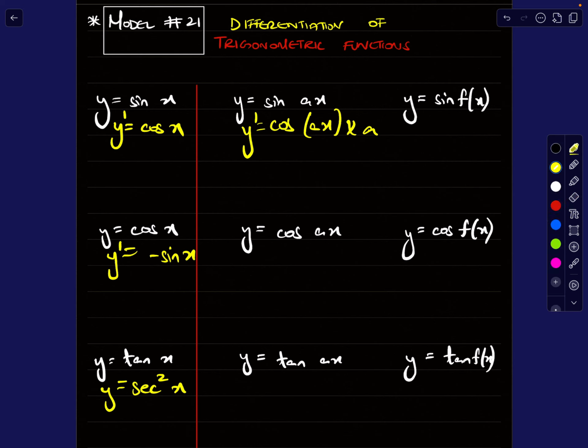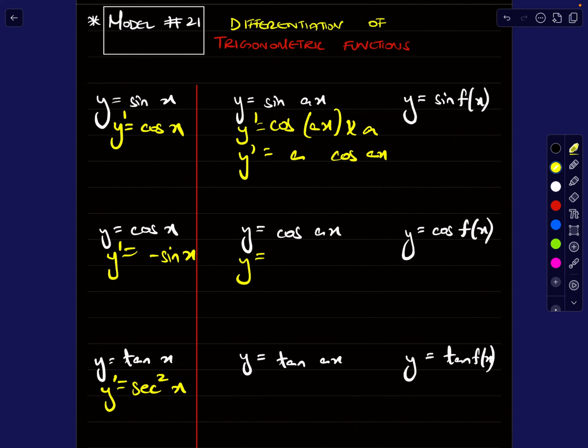Thus, my bad, we have y prime equals a cos ax.